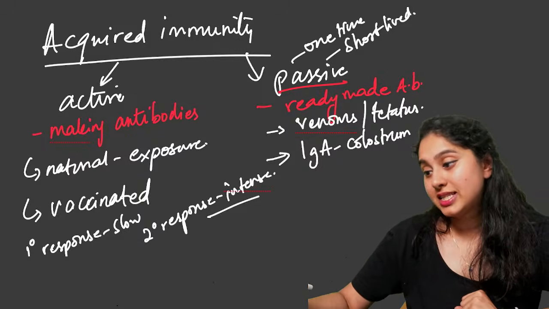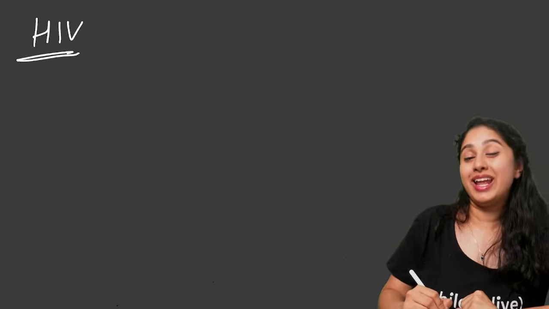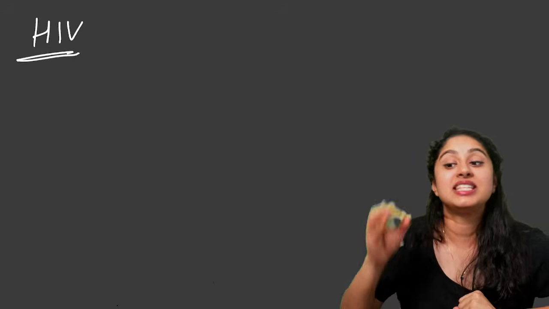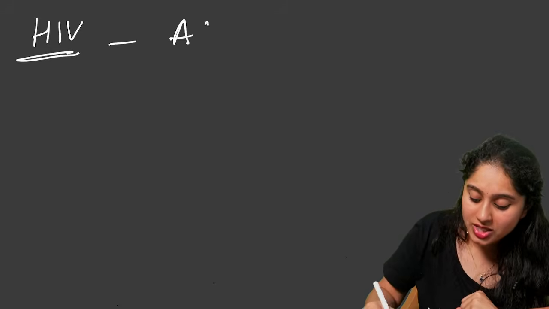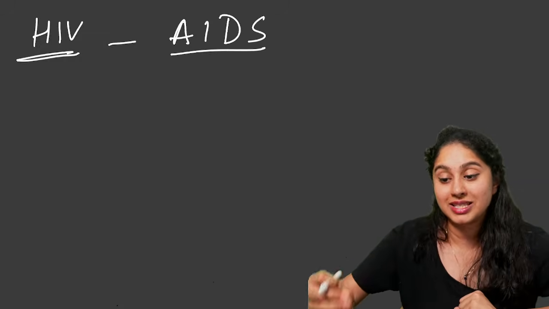That's it guys. So we are done with immunity as well. Now we are going to this disease called HIV. So HIV is nothing but human immunodeficiency virus, and it causes a disease called AIDS, which is acquired immunodeficiency syndrome.